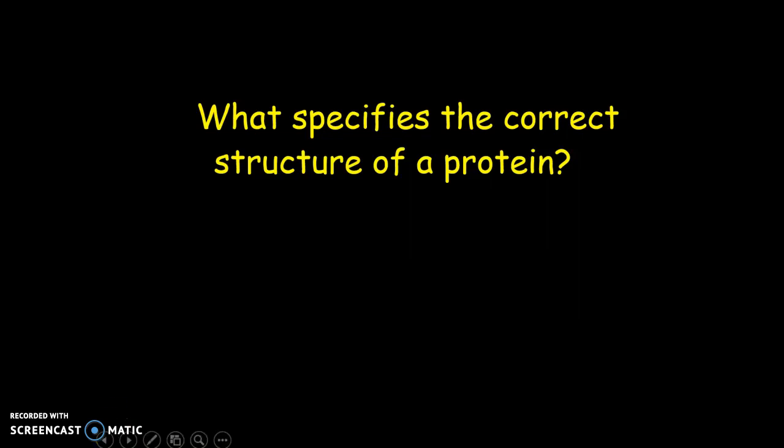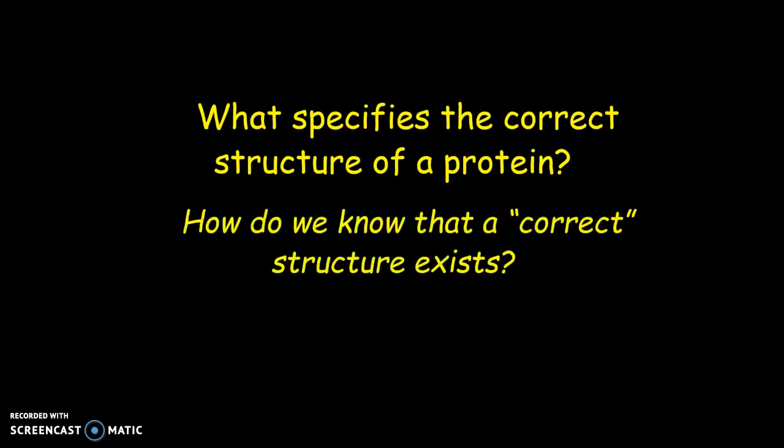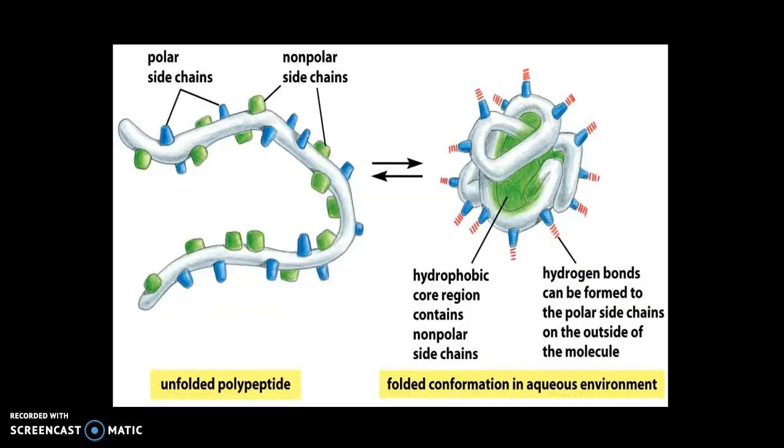so how do we know what the correct structure of a protein is? Well, when it's doing its job, that must be correct. That's really all we can say. What is correct? How do we know that a correct structure even exists? Well, when it's doing its job, it is the correct structure. But how does the cell know that it's in the correct structure or not?